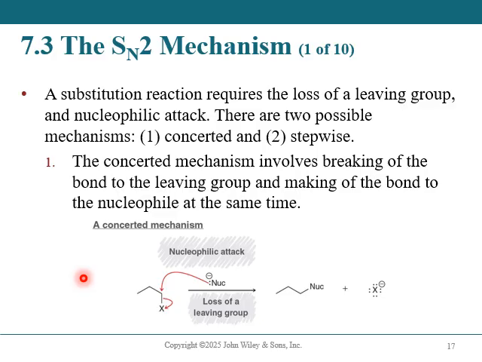For concerted mechanisms, you can see that something very important is that for this to happen physically, it can't be impeded. So if I have a lot of branching, some steric groups here, then this type of concerted mechanism doesn't really take place. In any case, the product will be your nucleophile substituted and then your halogen.